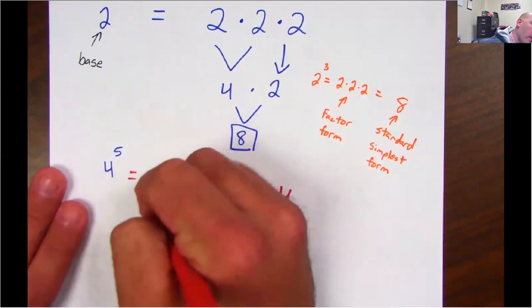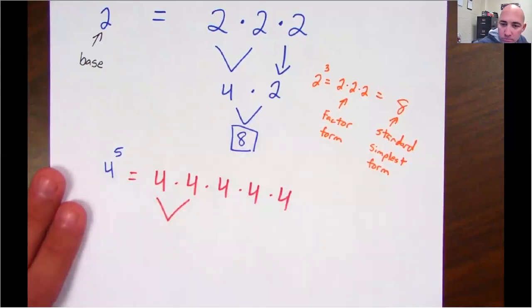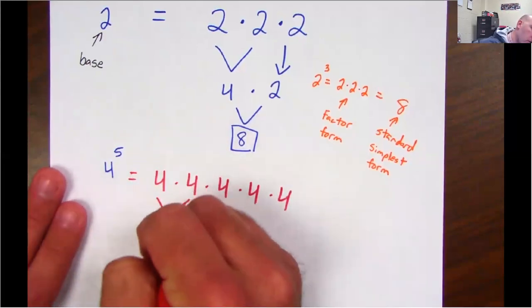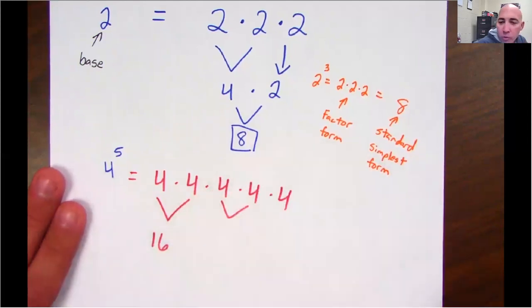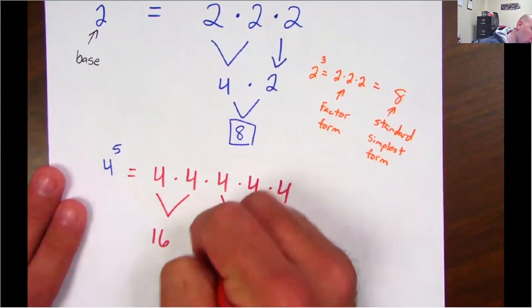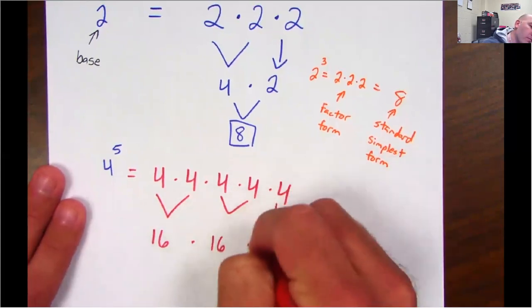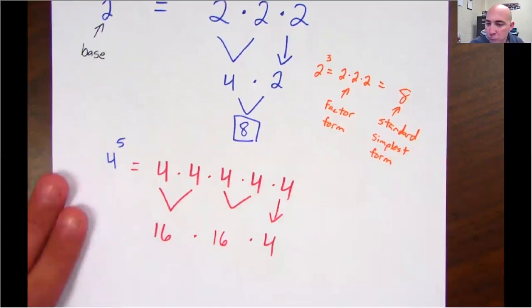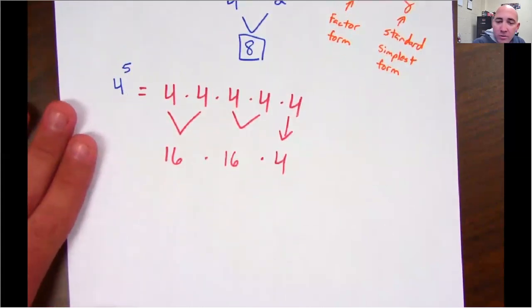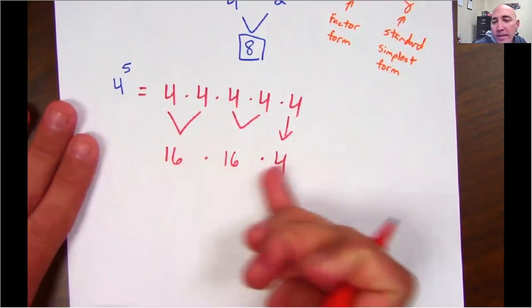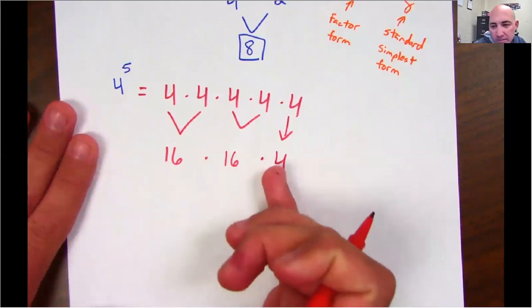Okay? Well, what is 4 times 4? Well, that's 16. What is 4 times 4 right there? That's also 16. This last 4 has to come down. Now, does it matter which order I multiply these 3 numbers? No, it doesn't.